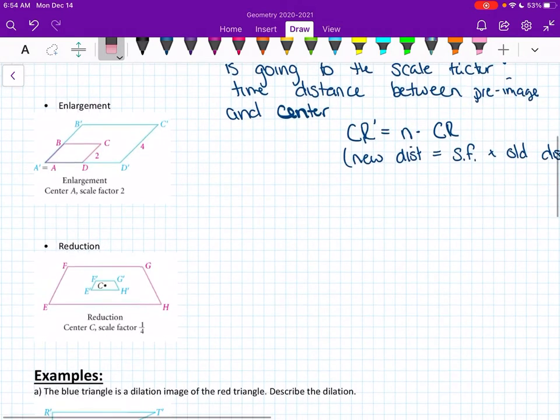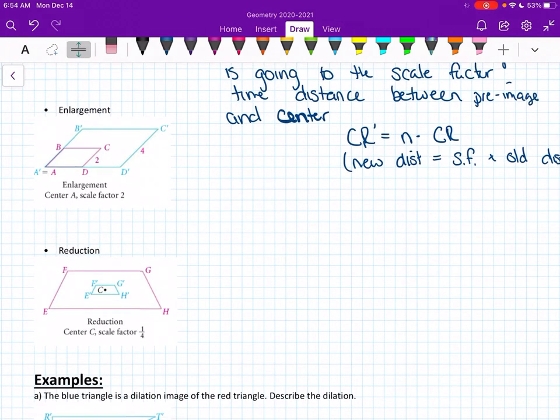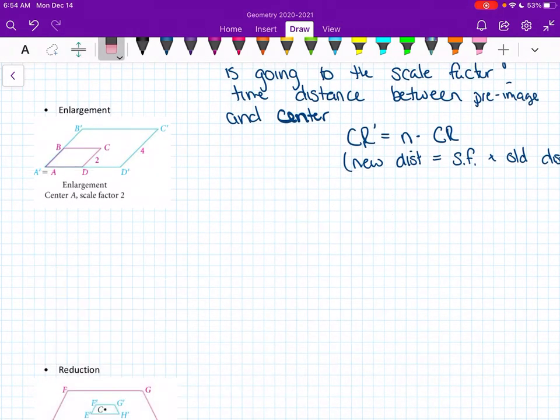Okay, let's talk about enlargements real quick. An enlargement is when I am making my image bigger. If I look here, my pre-image is the red or pink, and then my image is the blue.